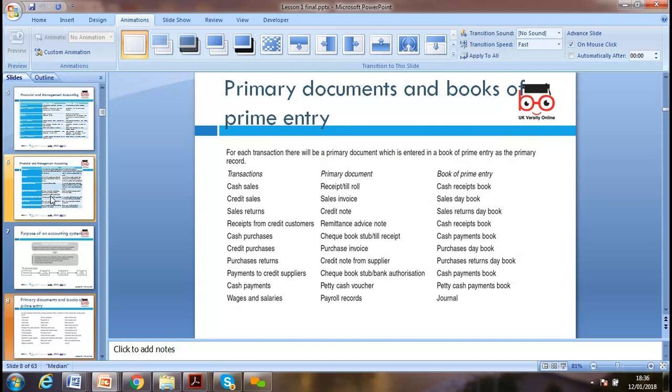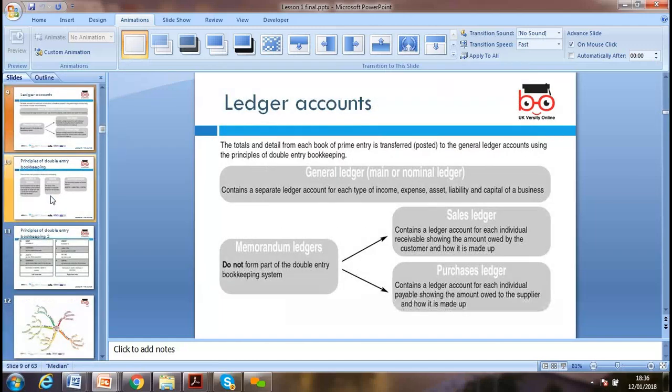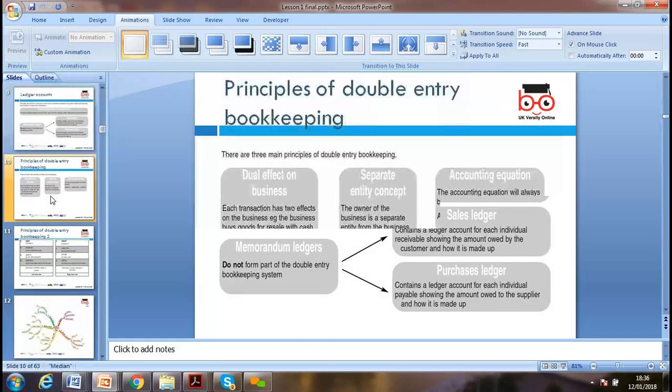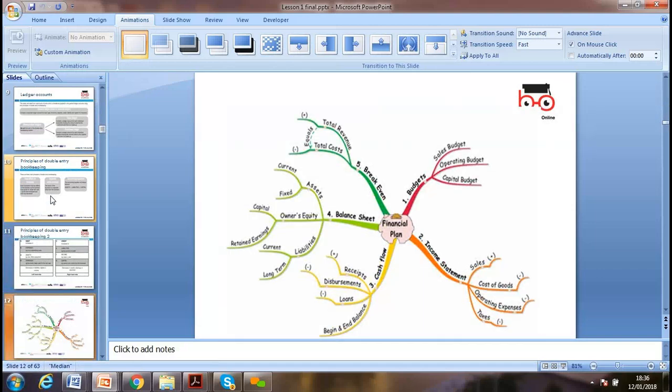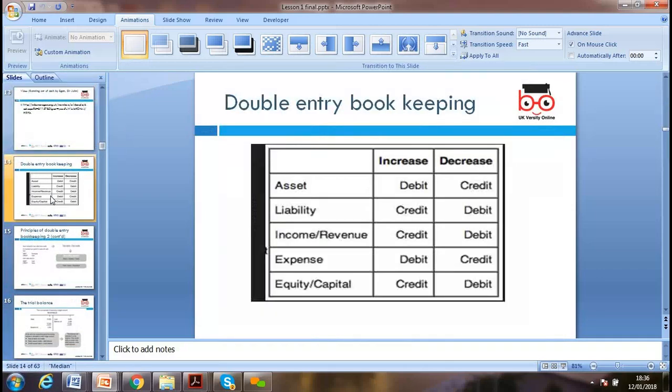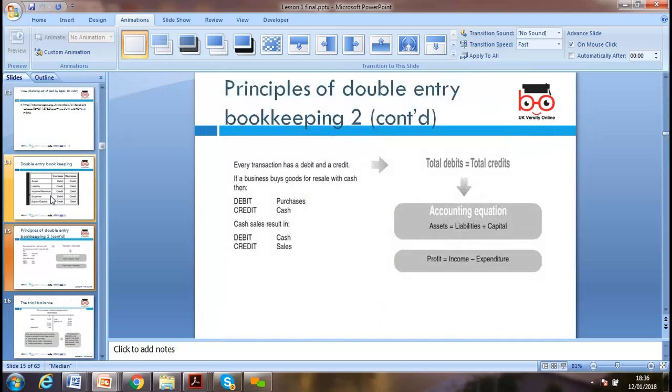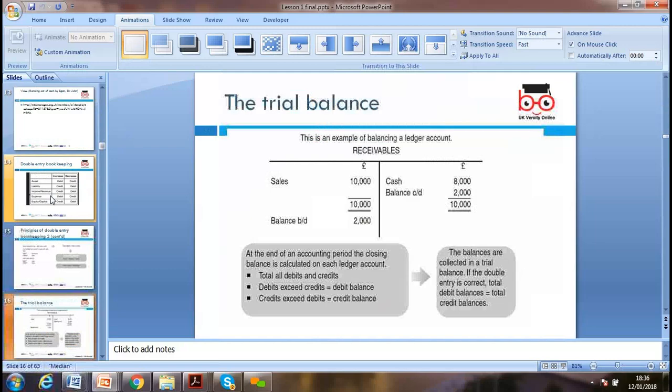Then we discussed these prime ledgers, and then general ledgers. We discussed bookkeeping rules, debit and credit, asset, liabilities and income. Then we discussed the accounting equation: assets equal liabilities plus capital, profit minus expenses.